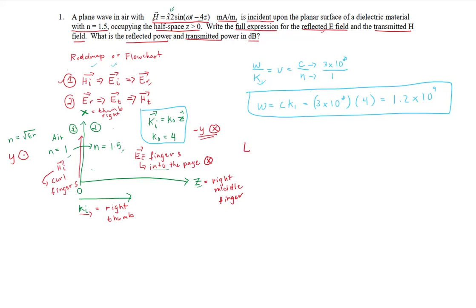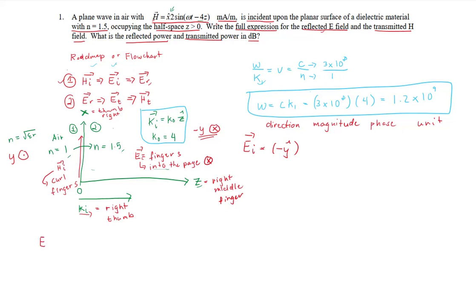Now we can write our E sub I. Remember, the format is direction, magnitude, phase, and unit. For E sub I, the direction is going to be negative y hat. Magnitude, okay, we have to figure out our magnitude.